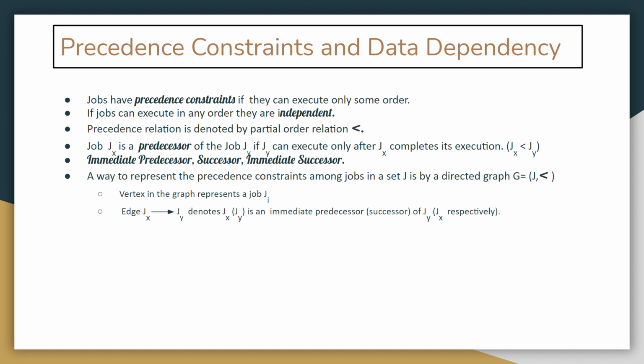An edge (Jx, Jy) denotes that Jx is an immediate predecessor of Jy, or Jy is an immediate successor of Jx, respectively. So Jx is an immediate predecessor of Jy and Jy is an immediate successor of Jx. Both are correct. This graph is called a precedence graph, where you have precedence relation shown between jobs.